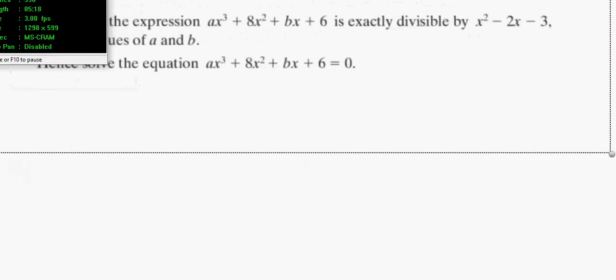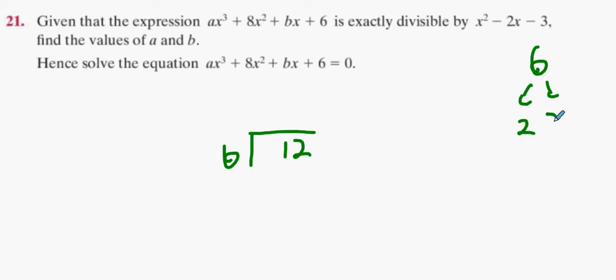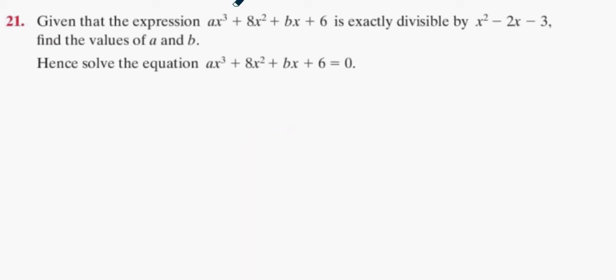What you're saying in really simple language is that if I said 6 is a factor of 12, yeah? 6 divides into 12, yeah? If I broke 6 up into 2 and 3, would 2 or 3 also divide into 12? So that's the plan we're going to use today.